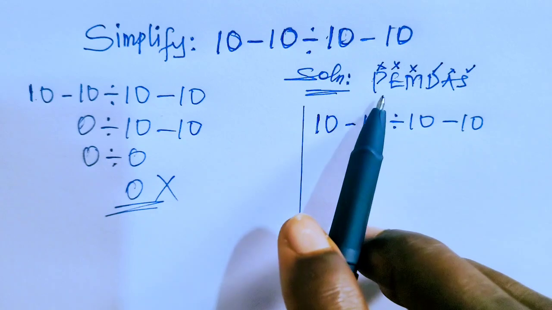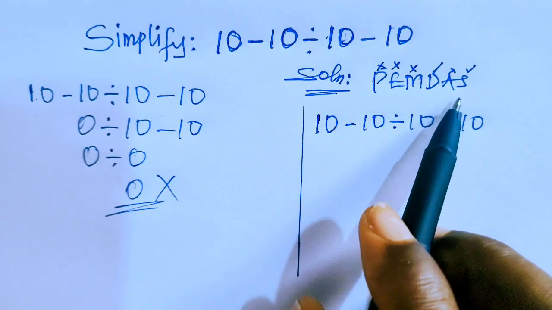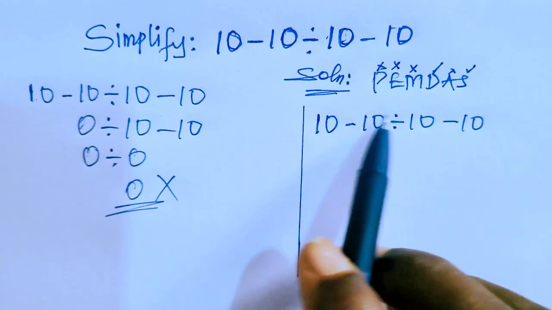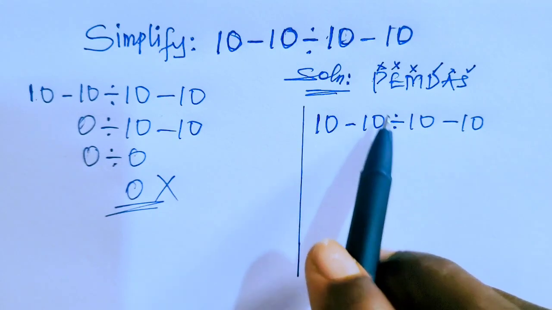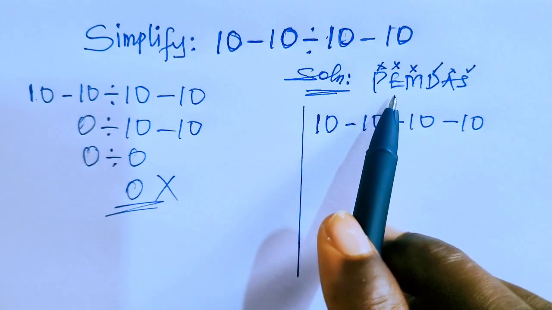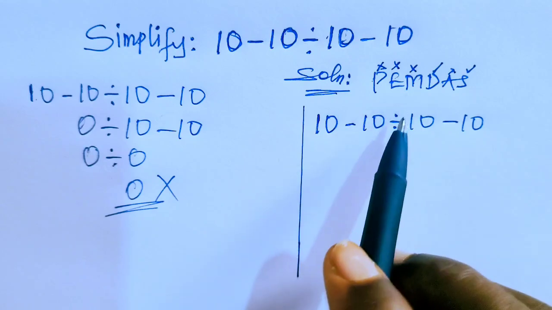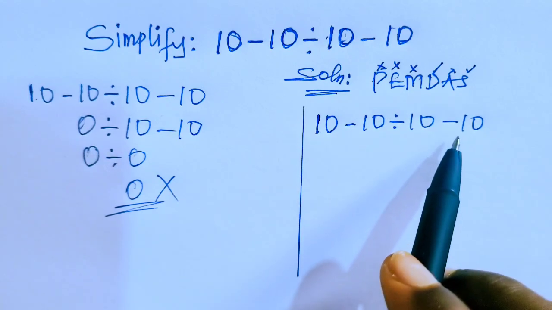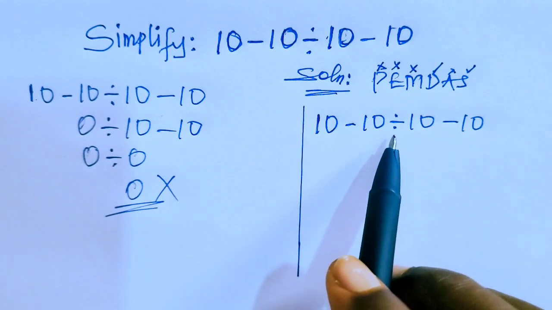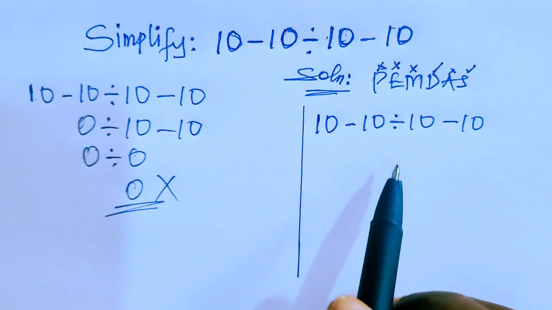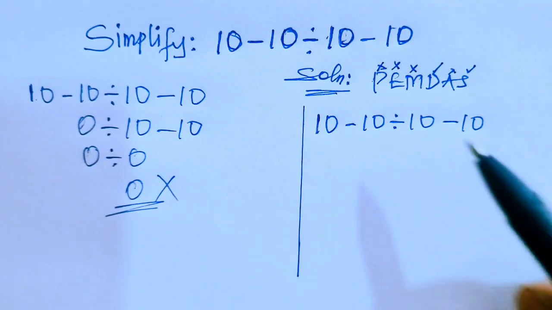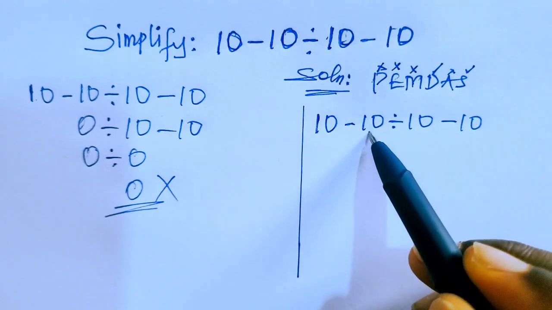Now, following this order, we are going to start the simplification with division here, because this order of operation moves from left to right, and division is of higher priority than subtraction right here. Then now, we start with this.